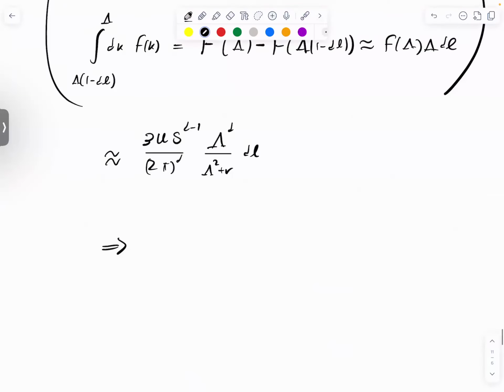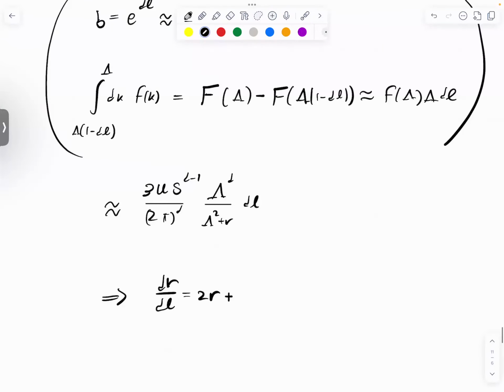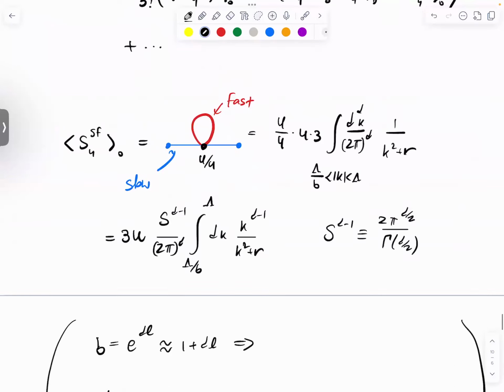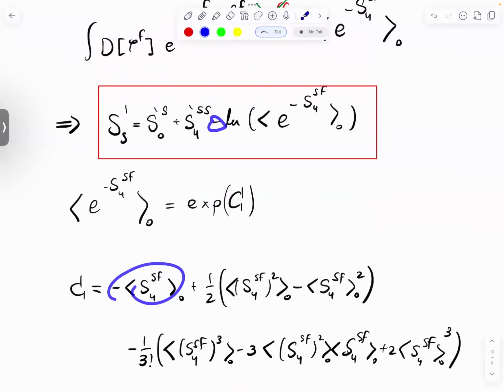So what I want to argue is that now dr/dl, which was 2r at tree level, now gets a plus. Why do I get plus? Here it's important, because in this cumulant expansion, this term comes with a minus, and then there's another minus here.